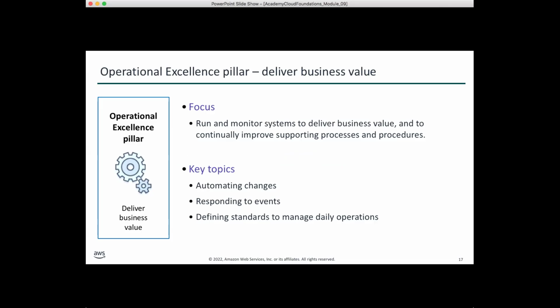It focuses on running and monitoring systems to deliver business value and to continually improve supporting processes and procedures, right? Key topics it addresses are automating changes, responding to events, and defining standards to manage daily operations.